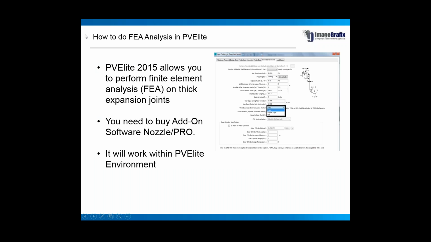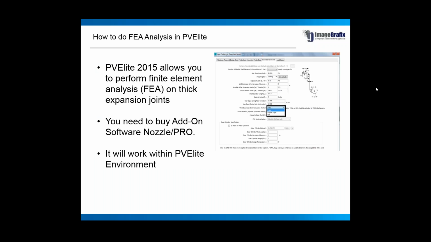All right. PVElite 2015 allows you to perform the FE analysis on thick expansion joints. This is a new feature they introduced in 2015. PVElite 2015 was released in January 2015. If you go to the expansion joint area, you can see there is an additional option called FEA.